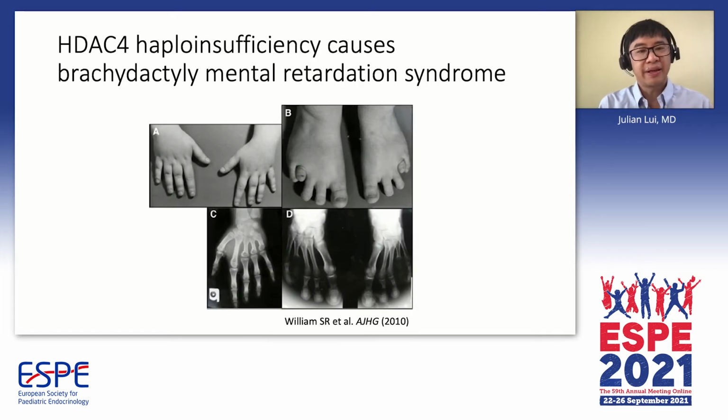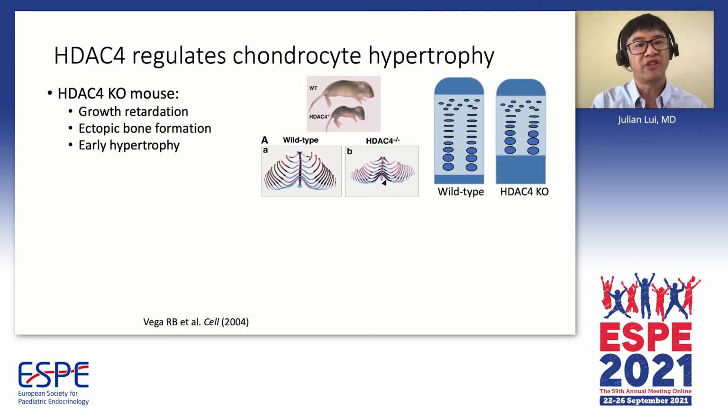So I think one good example of an epigenetic regulator regulating the growth plate is histone deacetylase HDAC4. HDAC4 haploinsufficiency causes a human genetic growth disorder called brachydactyly mental retardation syndrome. The role of HDAC4 in the growth plate has been elucidated by some mouse models.